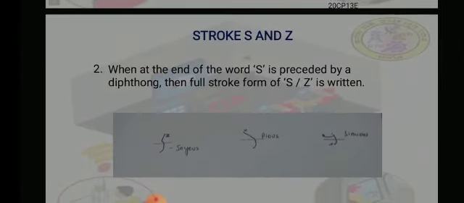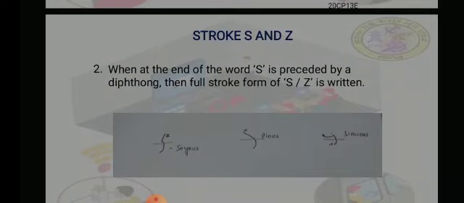The next rule says when at the end of the word S is preceded by a diphthong, then full stroke form of S or Z is written. What do you mean by this?